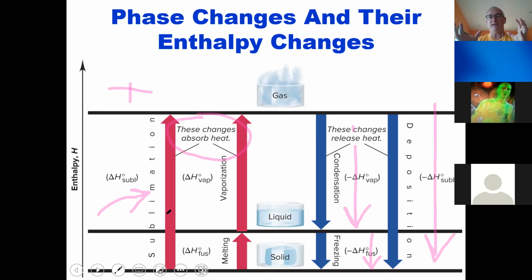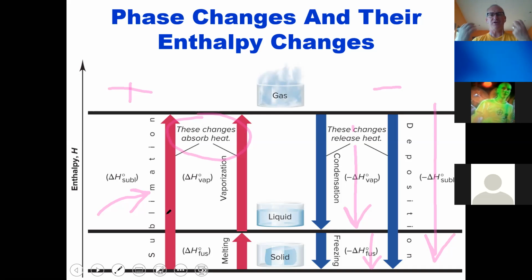You're reducing the energy, and so the kinetic energy goes down. You go from a gas to a liquid, or a liquid to a solid. Those are exothermic processes with a change of energy that is negative, because energy is leaving.